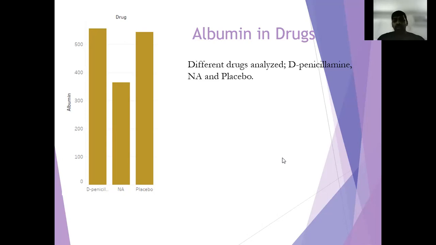For the different drugs administered to patients, this is the bar graph analysis of albumin in patients for each drug, and it results in the highest level of albumin using D-penicillamine. This shows that the patients given D-penicillamine had the highest level of albumin. So this is what I want to explain in this slide. Coming to the next slide.